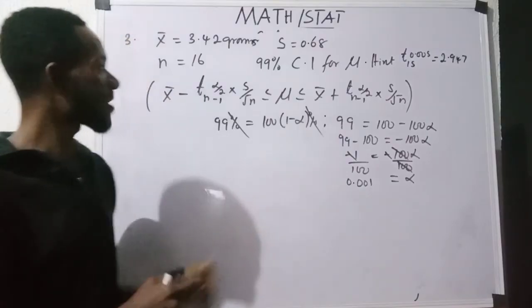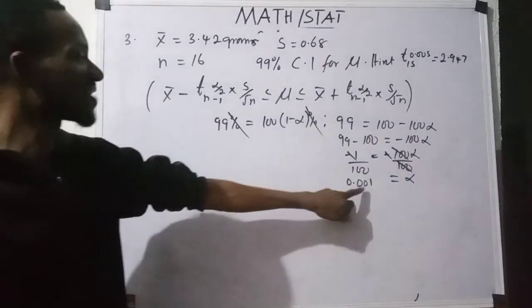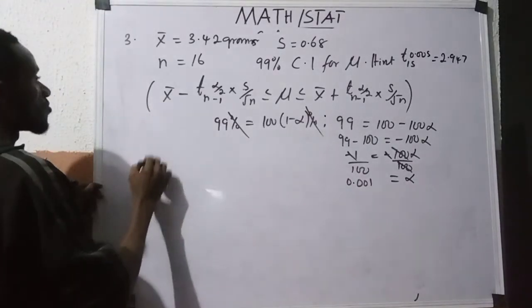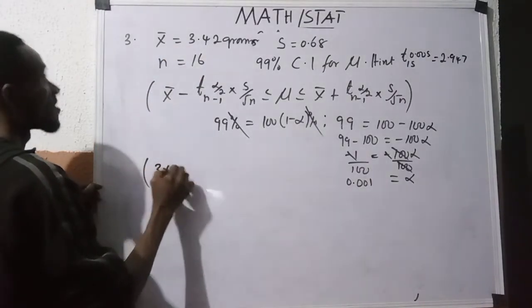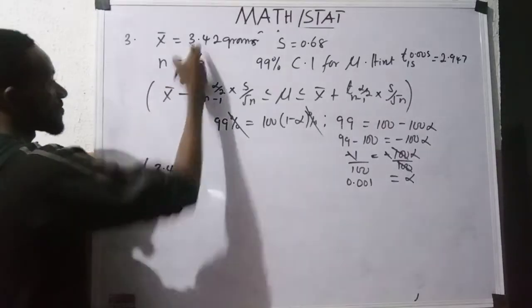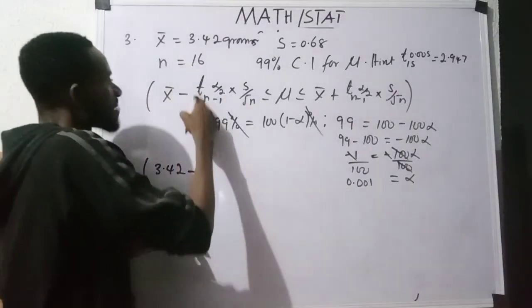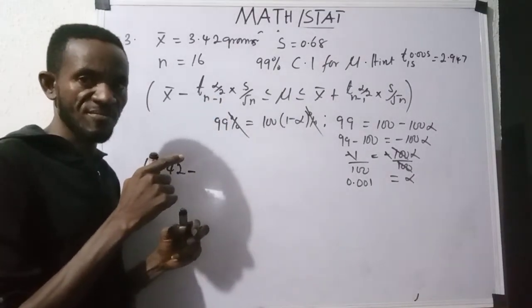So when you come here now, you return back here. Anywhere you see this, I know what it is. So I will now say here is my x bar, which is 3.42. The sign here is minus. Remember that this n minus 1 is what we call degrees of freedom.